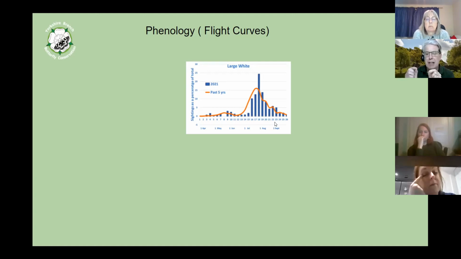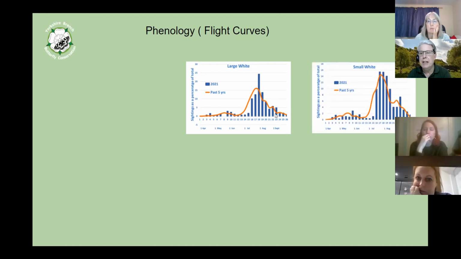And this is the percentage of the population that was seen for each week of the year. So that allows you to compare one year with another year. So here we're looking at the 2021 season compared with the 5-year average. And you see this big gap here, which is June into July. We were really quite low.